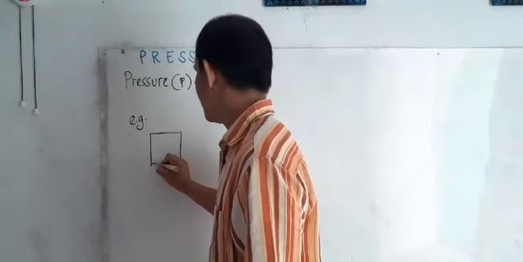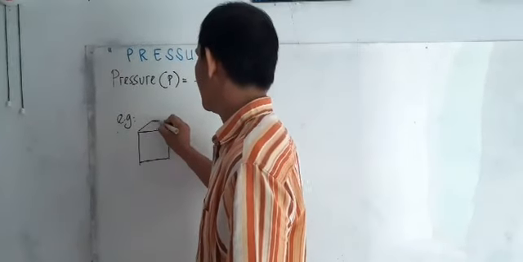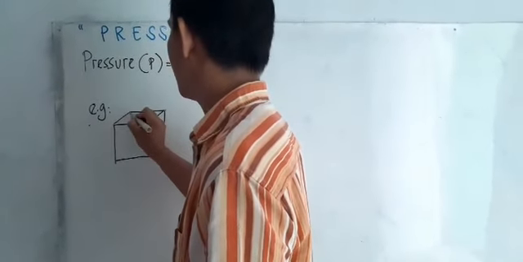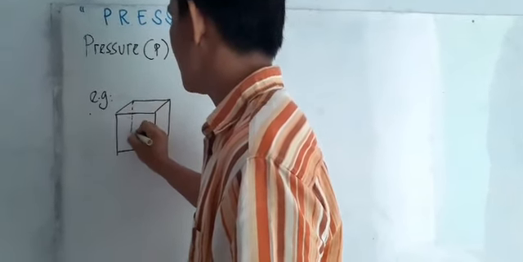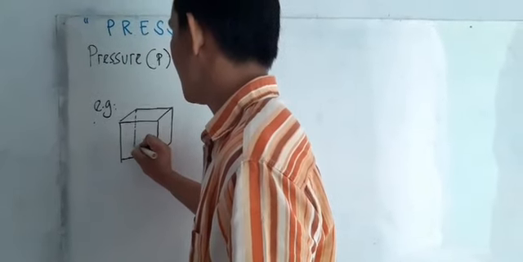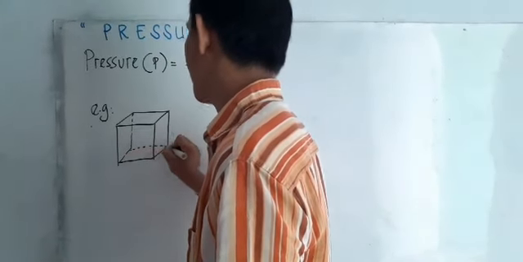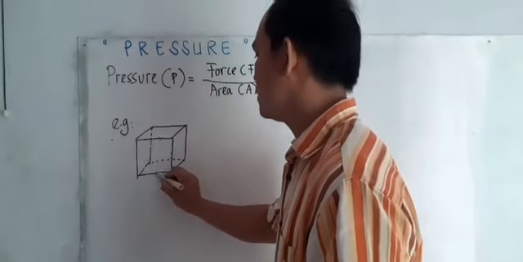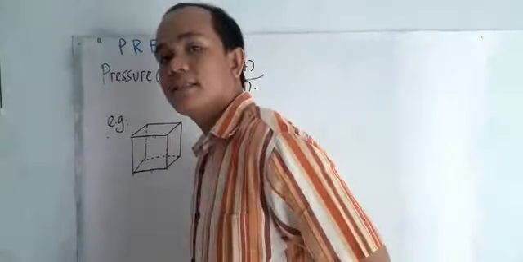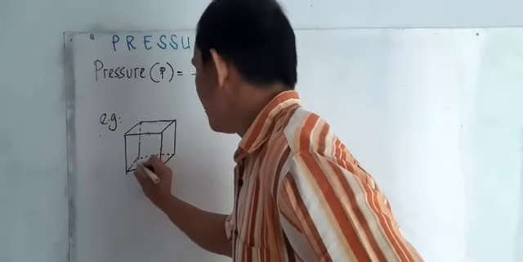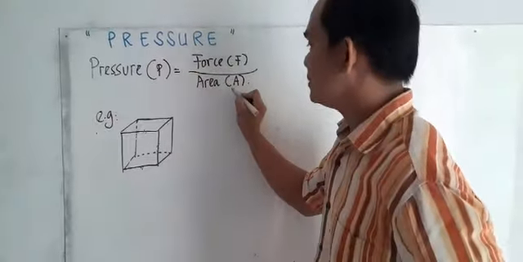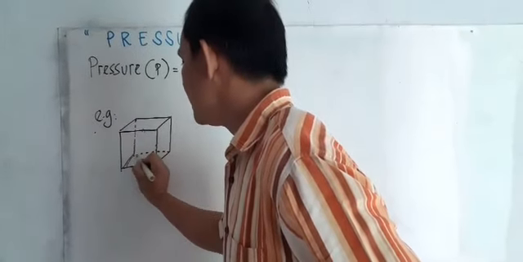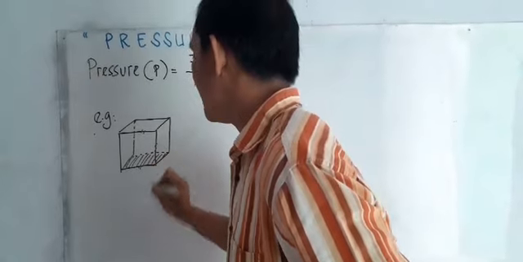I draw a simple cube. It has the same side each. So what I mean by the area here is the base area that I lined here.